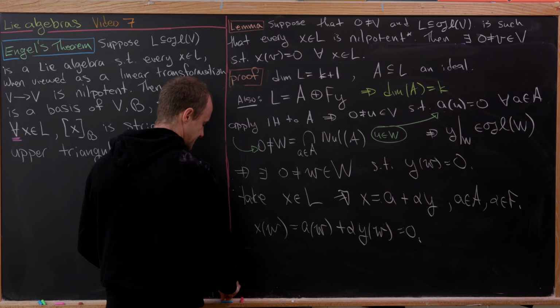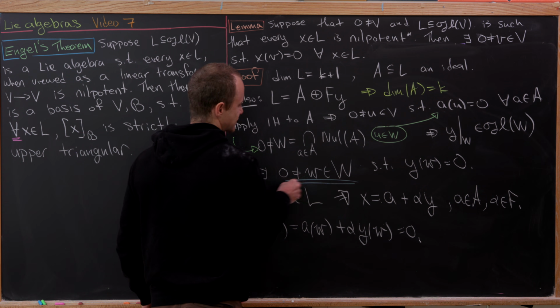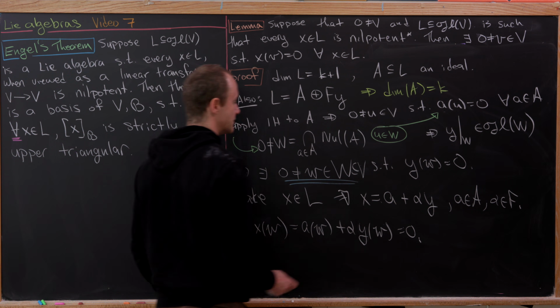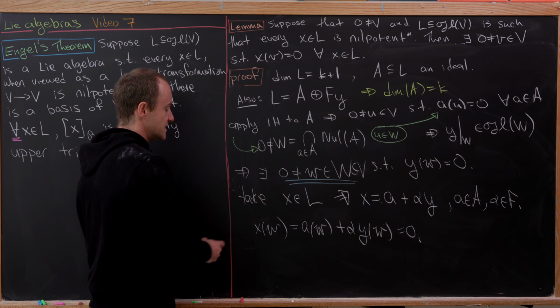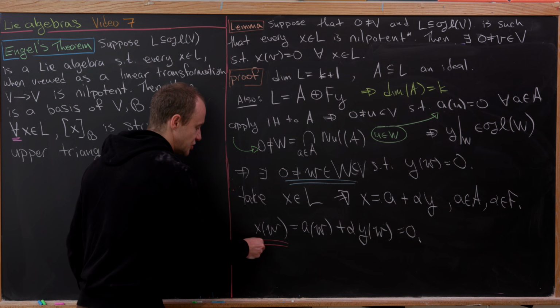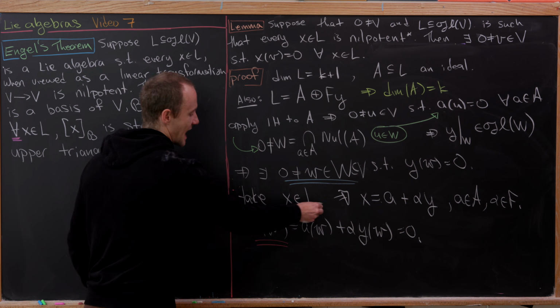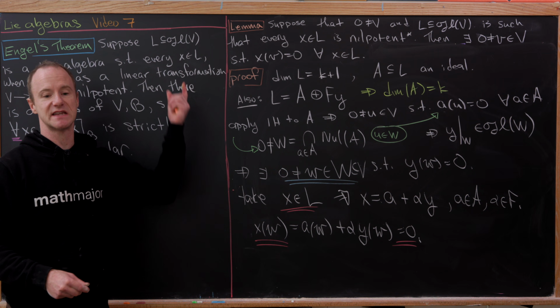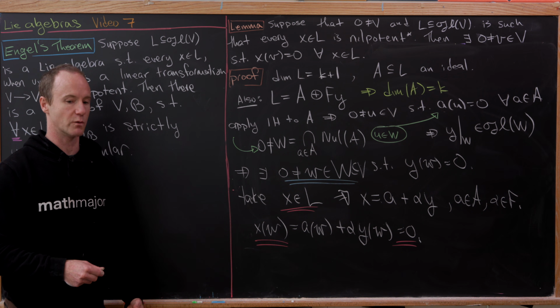We've got this non-zero vector w inside of W, which is a subspace of V, such that if you plug it into any linear transformation X from L, you get 0. But looking over the statement of the lemma, that's exactly what we wanted.